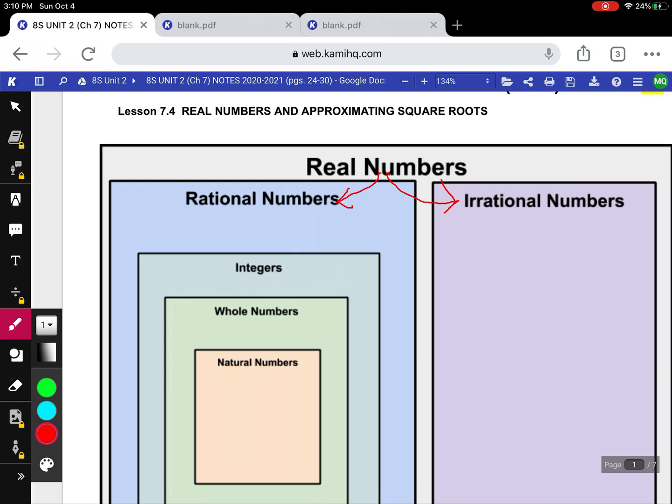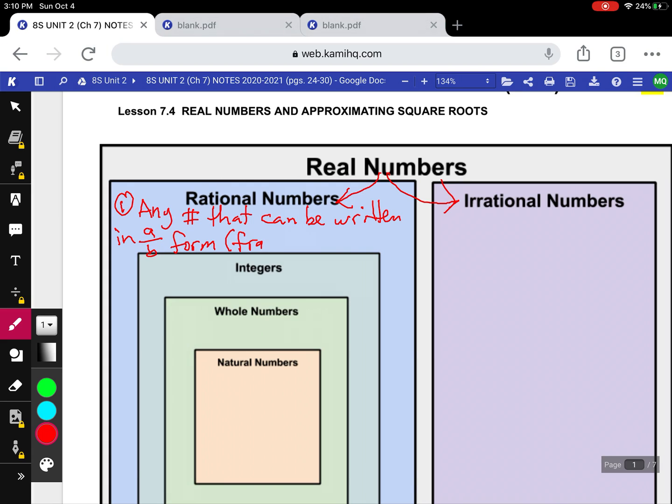There's going to be two characteristics. The first one is that it's any number that can be written in, let's say, A over B form.